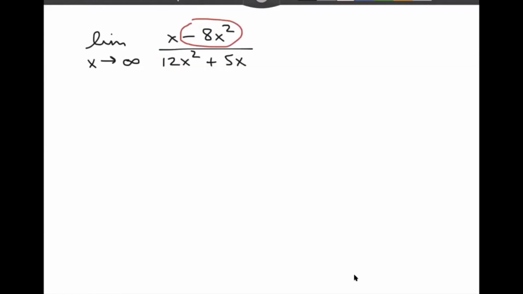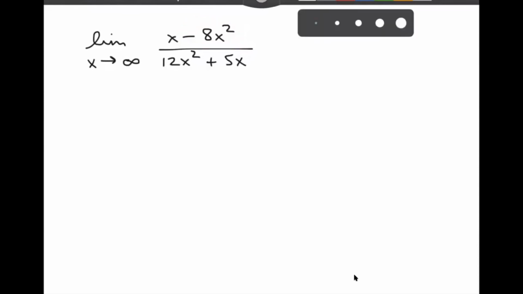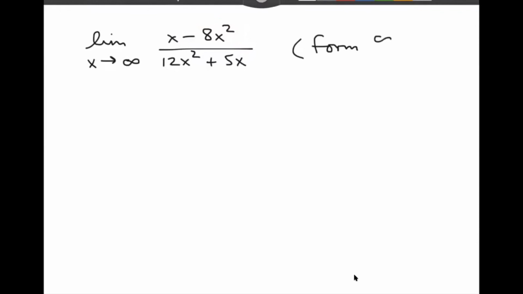And then the denominator, as x tends toward infinity, both of those terms are tending towards positive infinity. And so the denominator is tending toward positive infinity. So this limit has the form, I could say -∞/infinity, but we usually don't bother with the negative. The negative doesn't matter for the form.